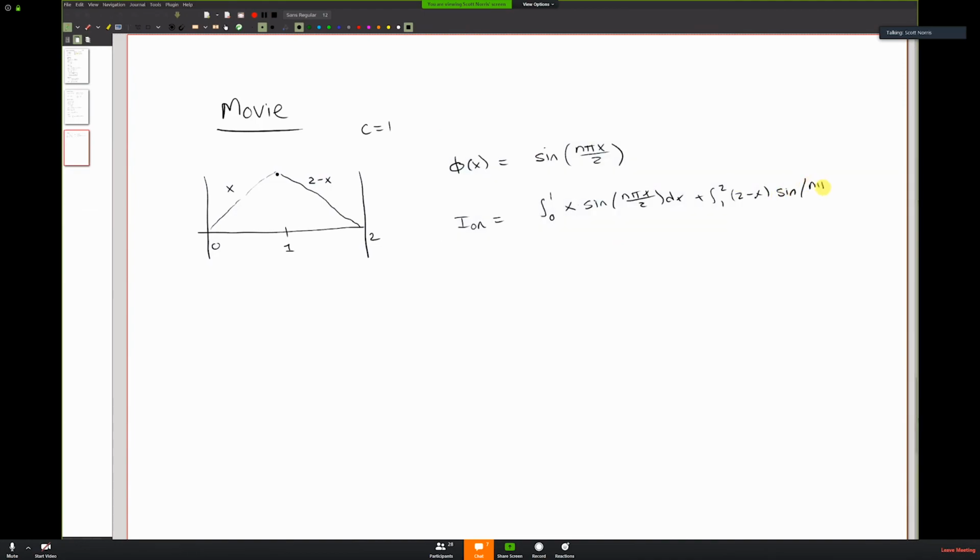Sine n pi x over 2 dx, but then in the denominator, my eigenfunctions are nice and smooth, so I don't have to break my integral into 2 pieces. I just have the integral from 0 to 2 of sine squared n pi x over 2 dx.